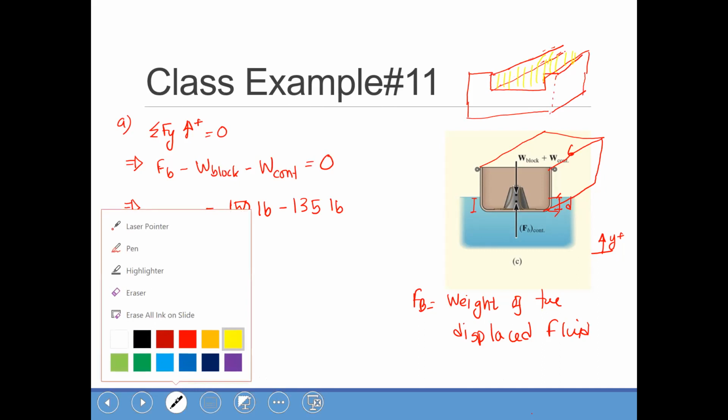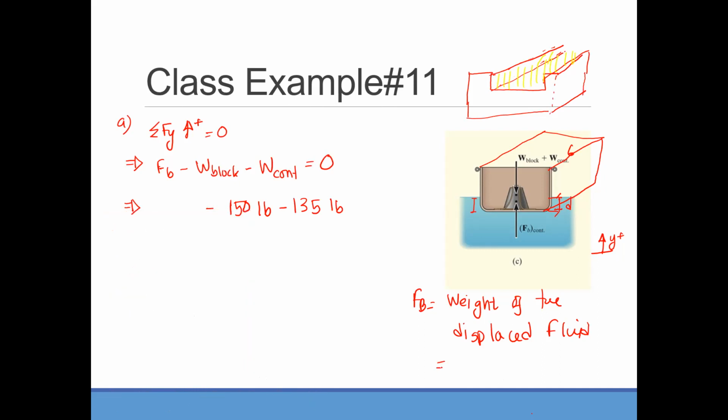So we want to find the weight of the displaced fluid. That should be gamma fluid times volume of object. Obviously the fluid was water and it's the FPS system, so that should be 62.4 multiplied with the volume of that object.